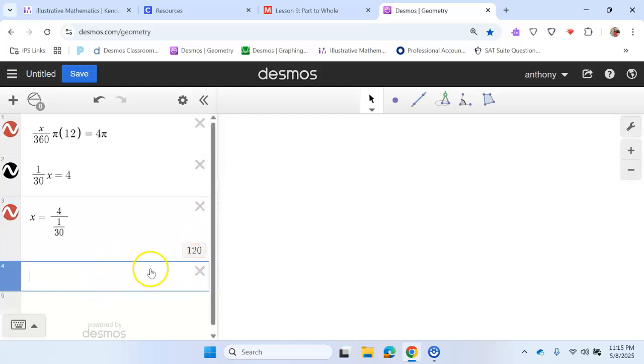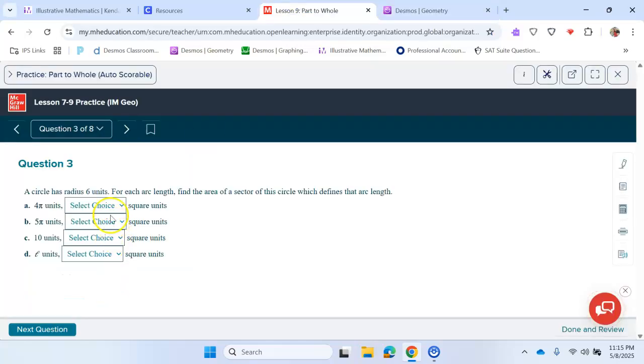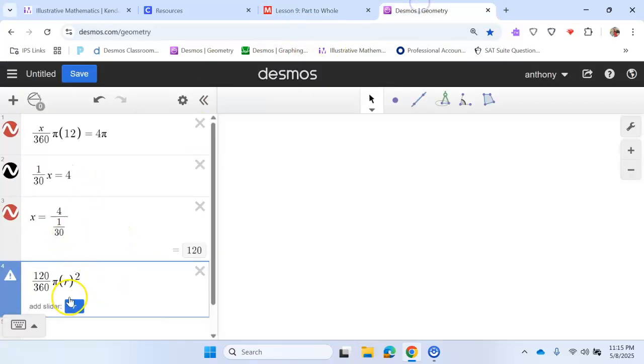We use that central angle, 120 divided by 360, to calculate the area, which is pi r squared. And the radius was 6.